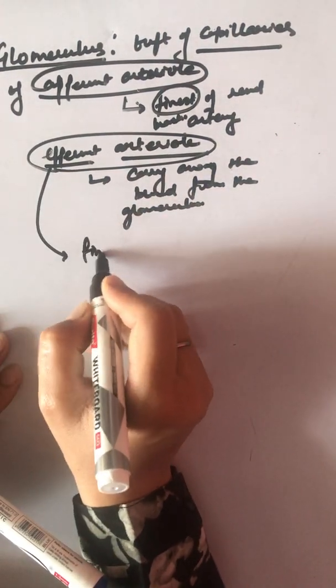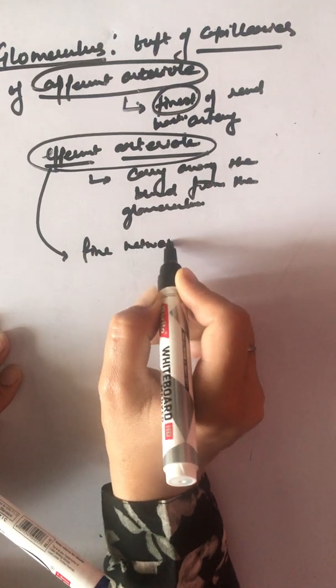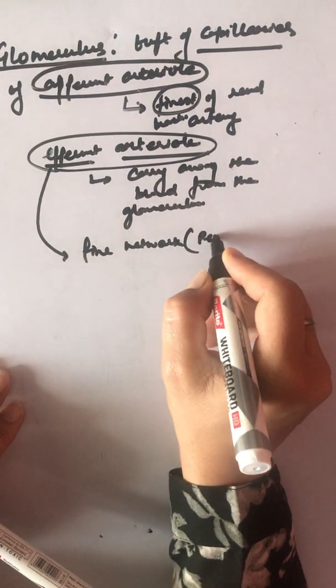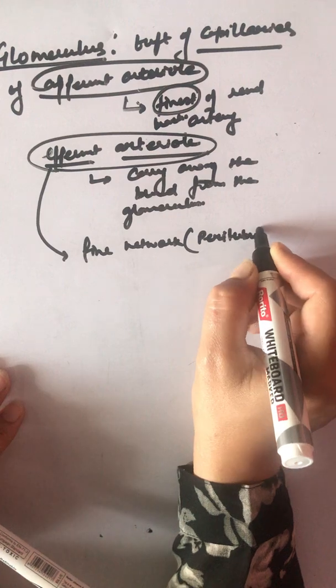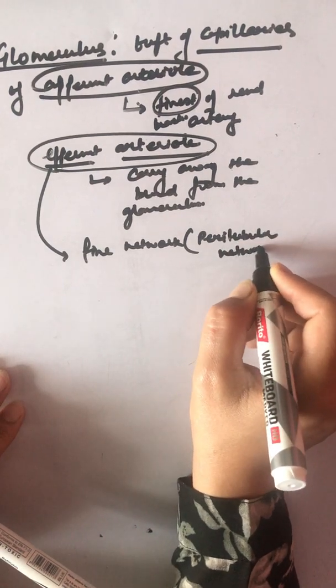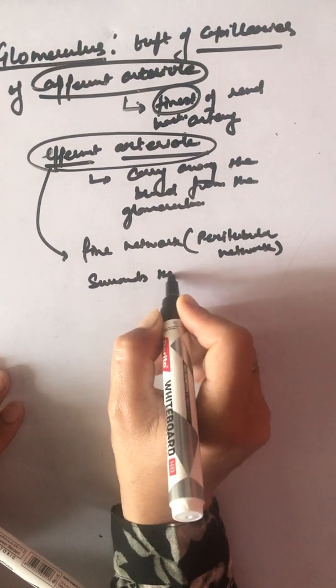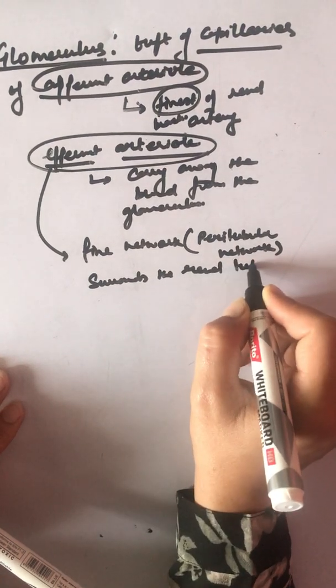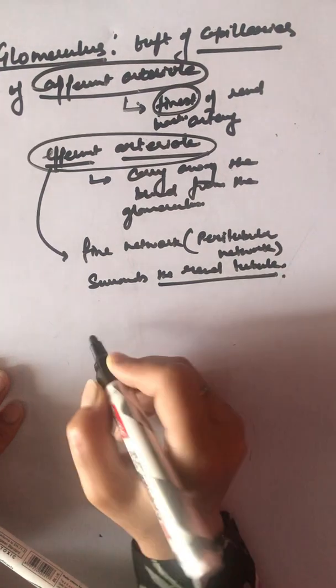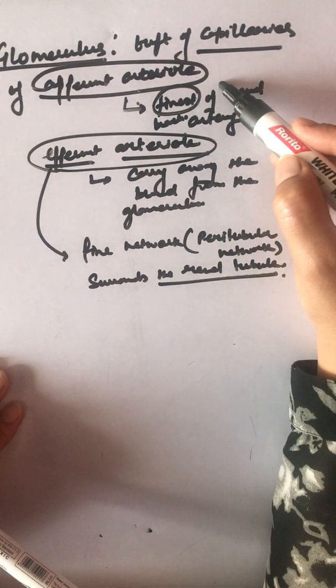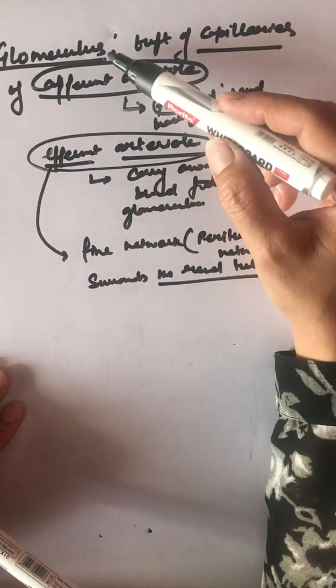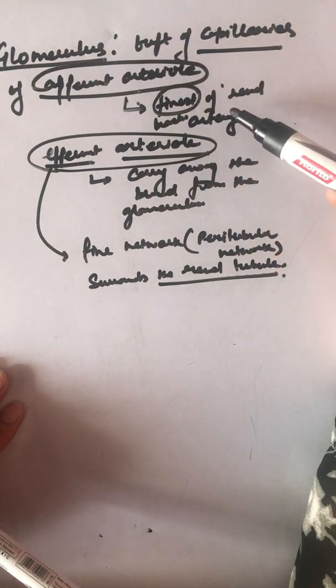When it forms a fine network, that network is the peritubular network. It surrounds the renal tubule. Why does this happen? One is forming the tuft of capillaries in the glomerulus itself because it can filter the blood.